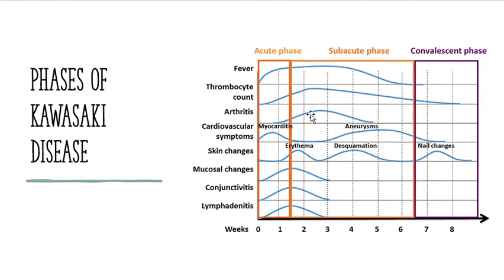Arthritis is sometimes seen, and the cardiovascular system, which you're worried about, aneurysms, are usually seen after around mid of the second week. It starts becoming more and more prominent. So this is why it's pretty important to detect it earlier on, so we don't get this aneurysm and more complications when we don't need to, if we can treat it earlier on. And obviously the other changes as well.